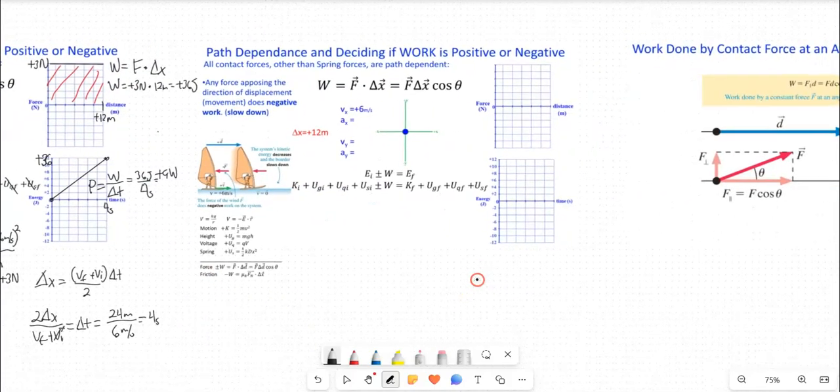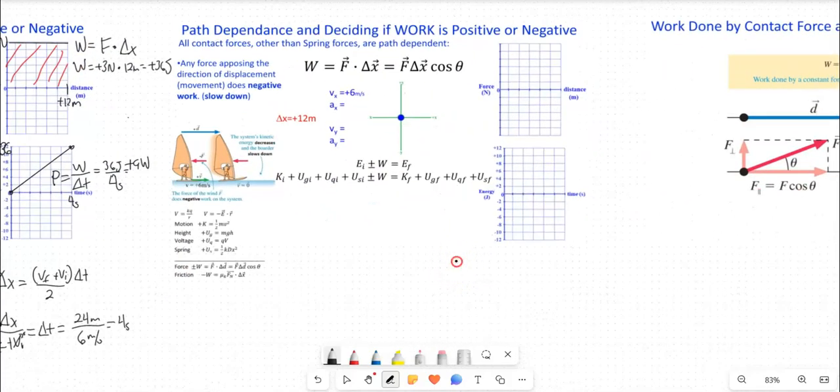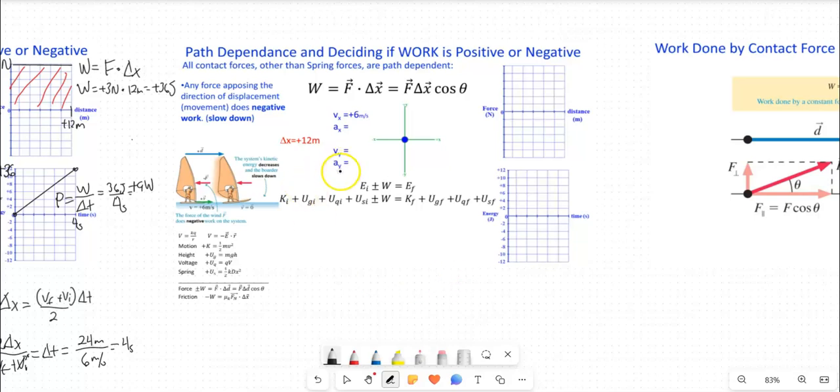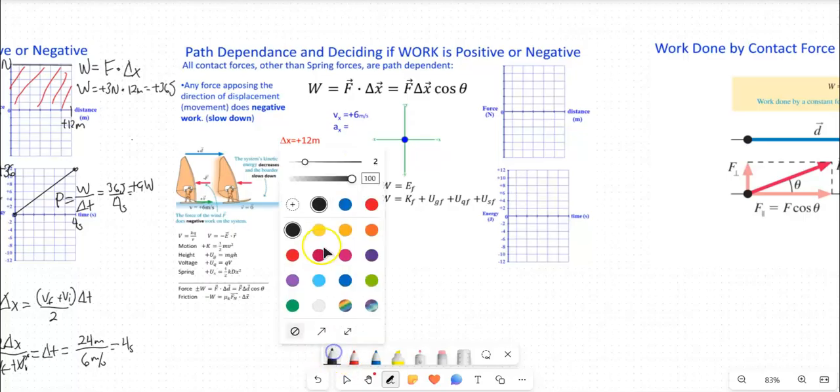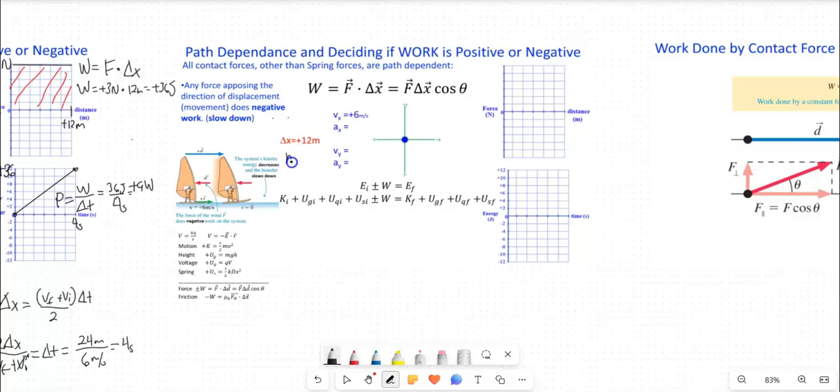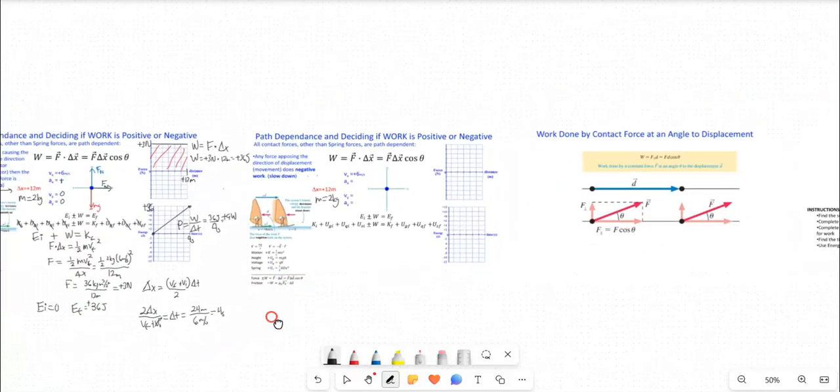The antithesis over here is when work is negative. So same situation, we're going to say the mass here again is going to be, what did we call it? 2 kilograms. So it's like a toy object, like a little toy surfer.